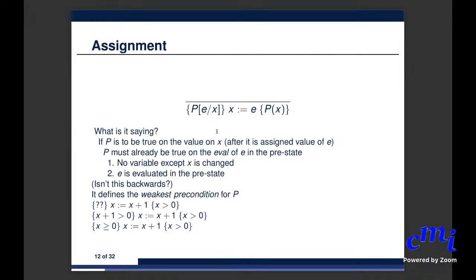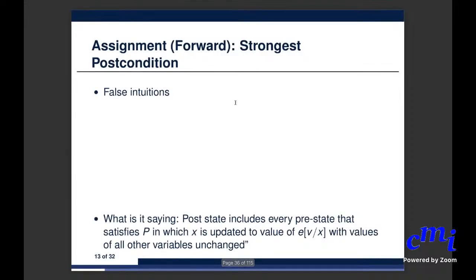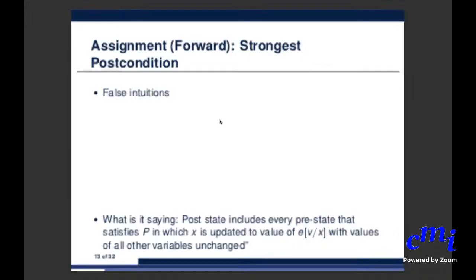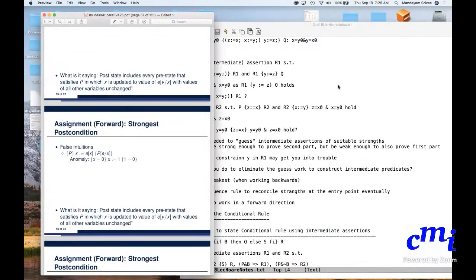Now, if you want to do a forward proof, then you will need a corresponding version for an assignment statement, which defines the strongest postcondition, which I will continue with in the next class. Any questions you have so far?